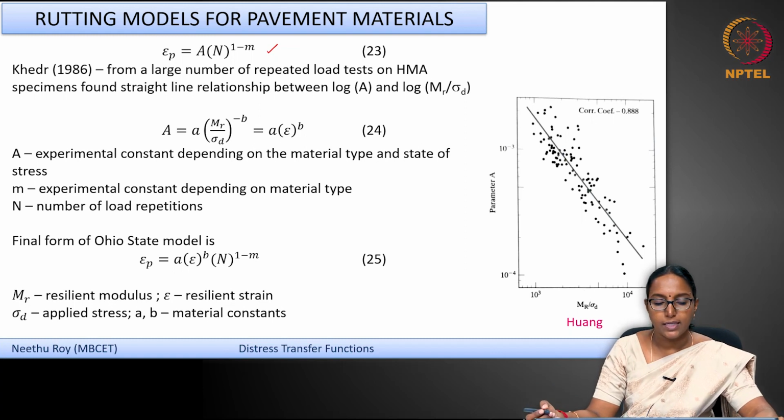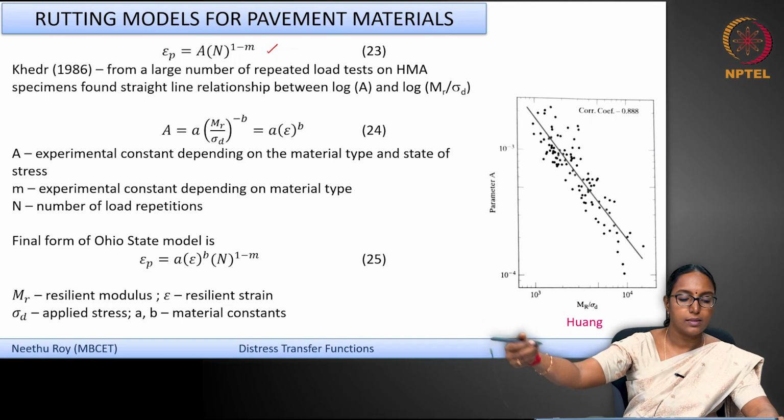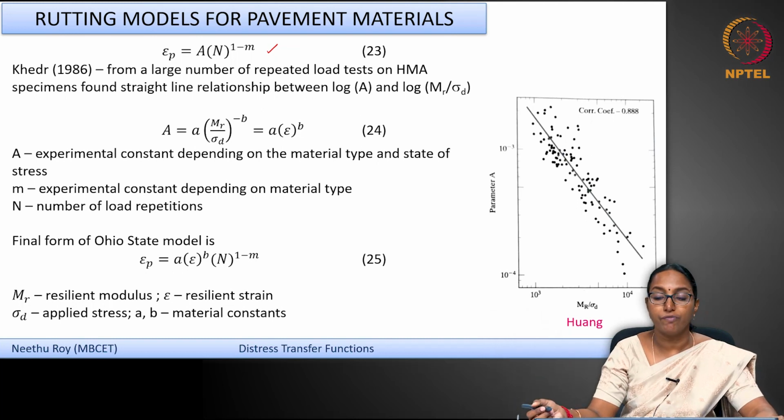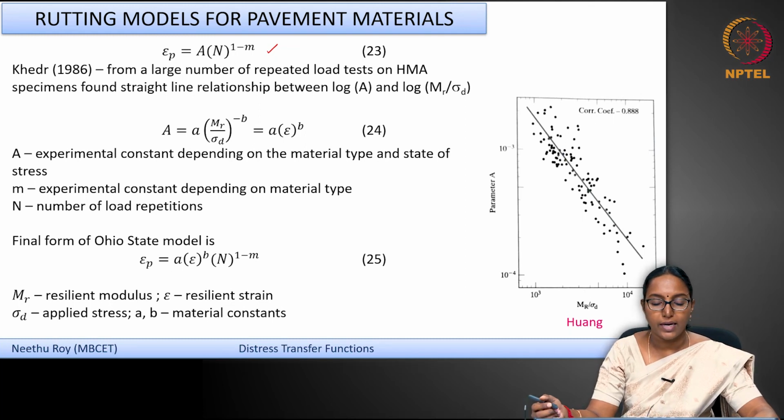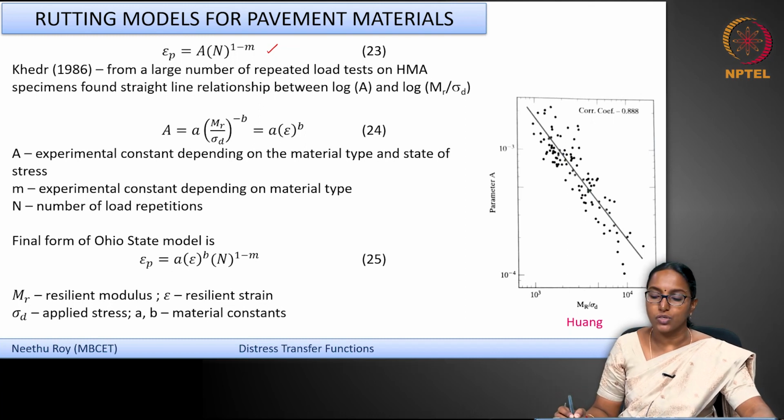Now, many other studies have been conducted to see how these constants A and m vary. So, Kaiser has conducted a large number of repeated load tests on HMA specimens, and they tried to find out the relation of this parameter A with the modulus of the material or the elastic strain of the material.